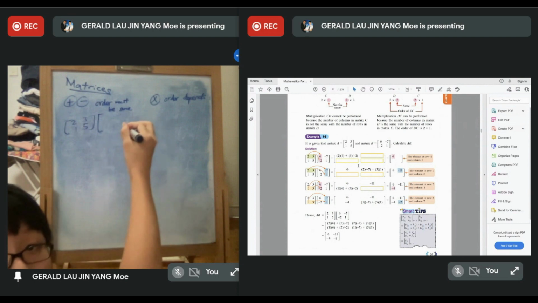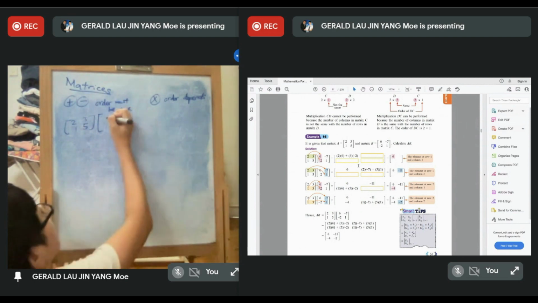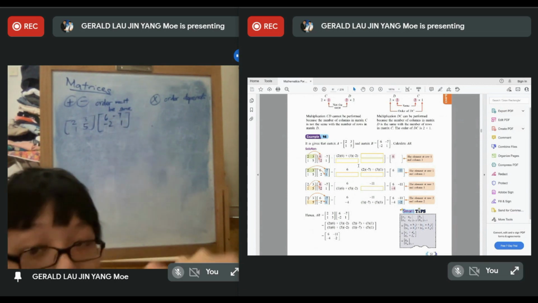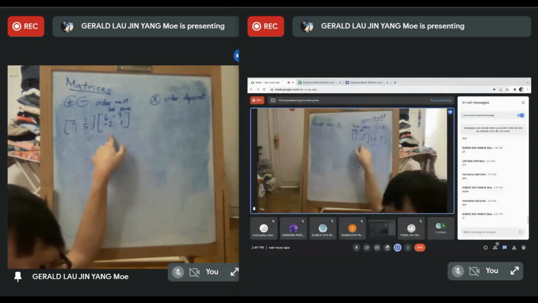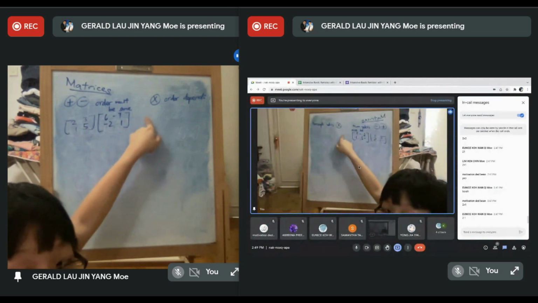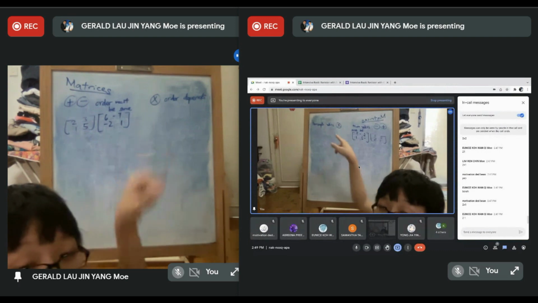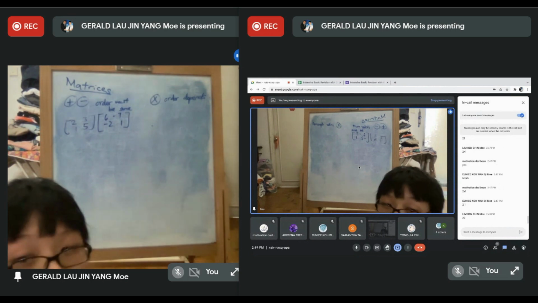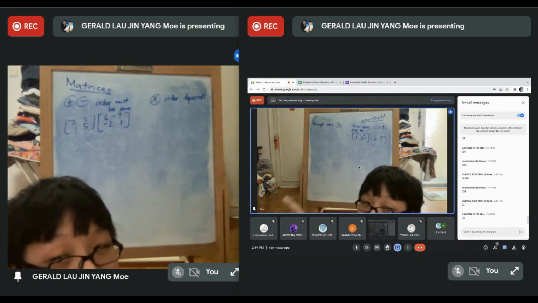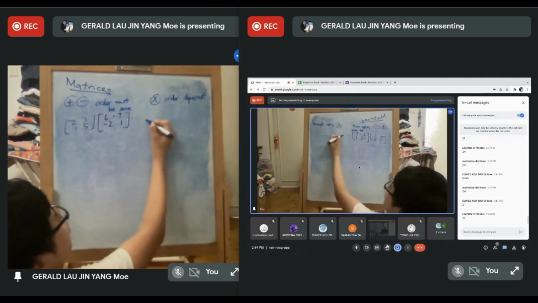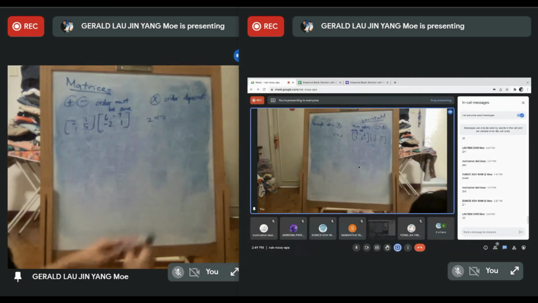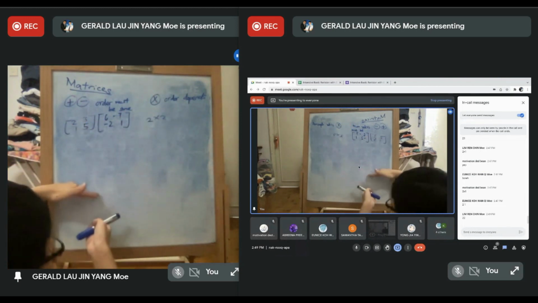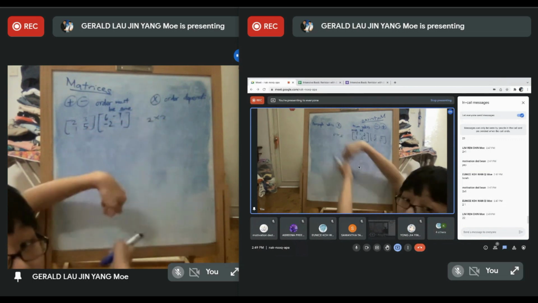Matrix B is 6, negative 7, negative 2, 1. Can multiply, right? Because this one is 2 times 2, and that one is 2 times 2. So can. Then what is the order of your answer? Good, 2 times 2. Don't write 22, all of you. I'm scared you will write wrongly in the exam. Must write 2 times 2 as the order of your answer. So you write it beside. You check first, right beside.